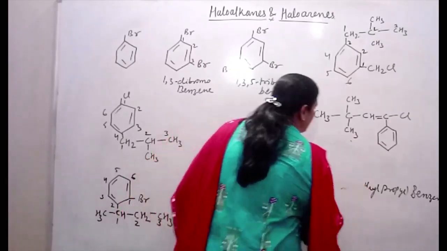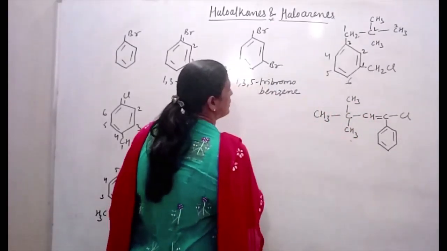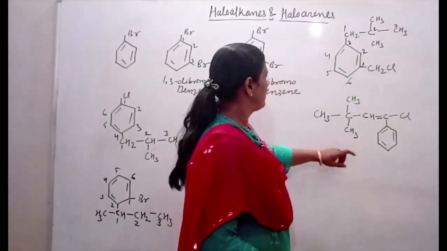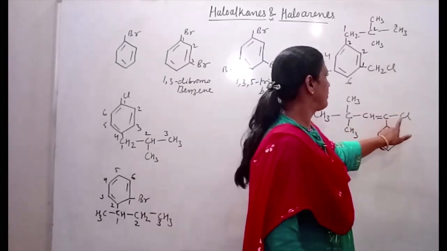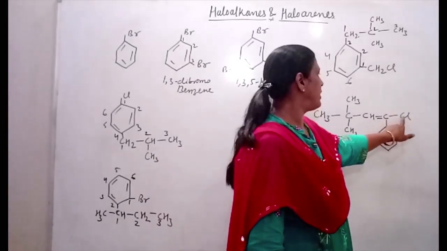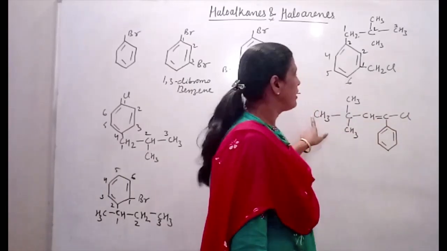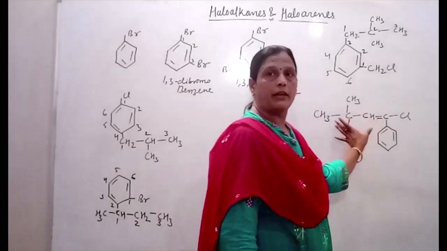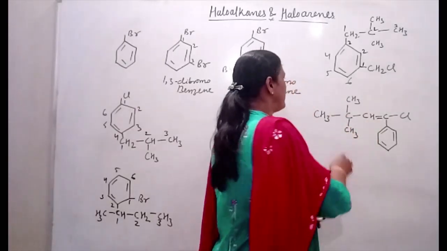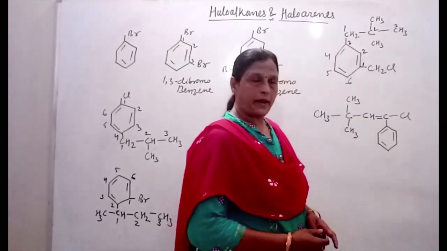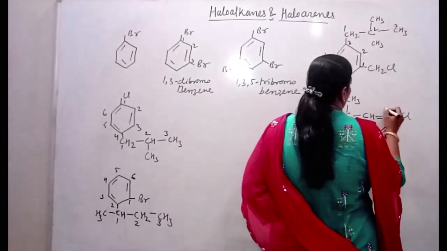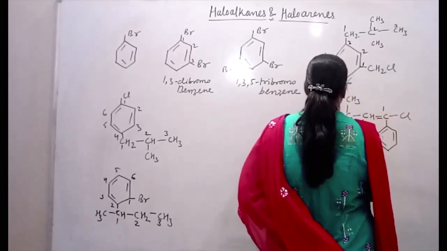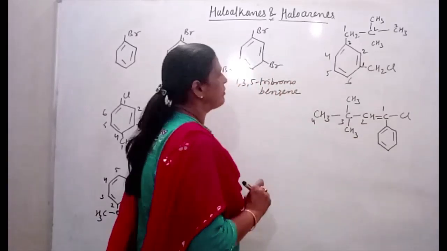Now move on to the next question. If in this compound 1, 2, 3, 4 a chlorine atom is attached to this aliphatic chain, and here is a double bond, we will give preference to this open chain structure as the parent chain, and numbering is done from here because the double bond gets preference for the numbering, 1, 2, 3, 4. What is the name of this compound?